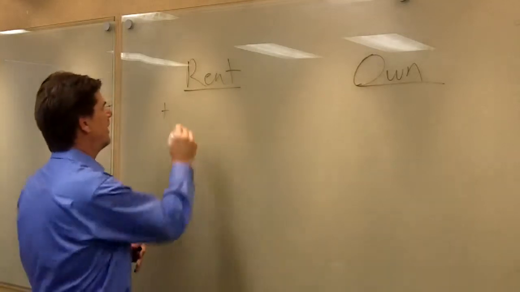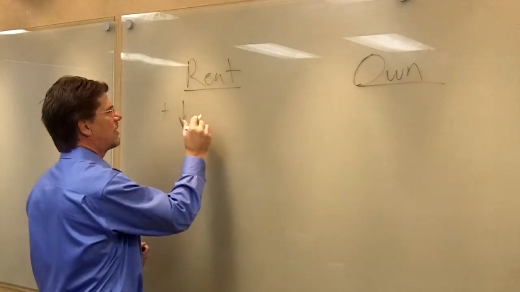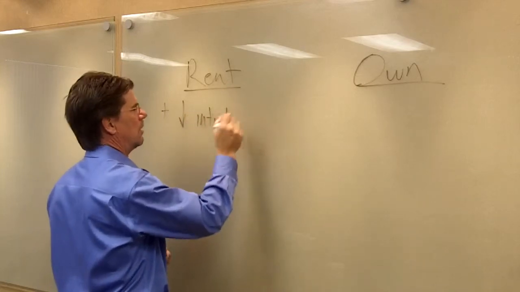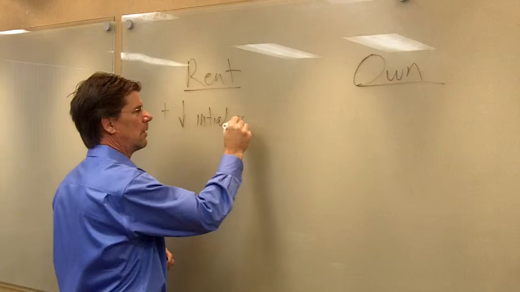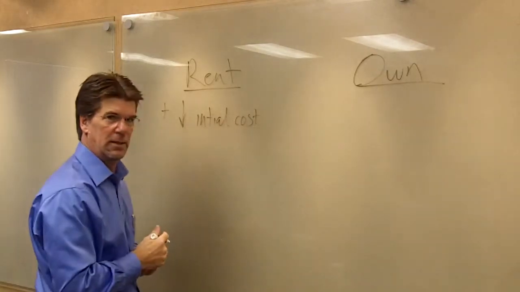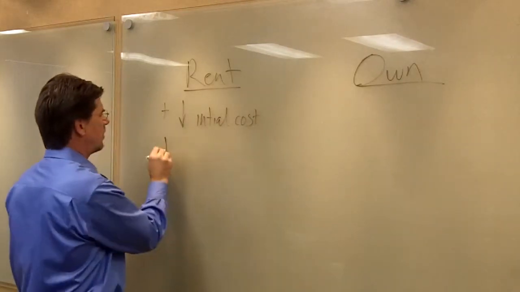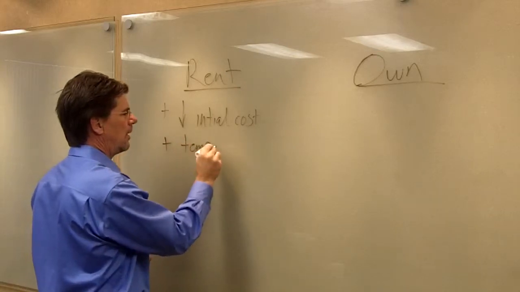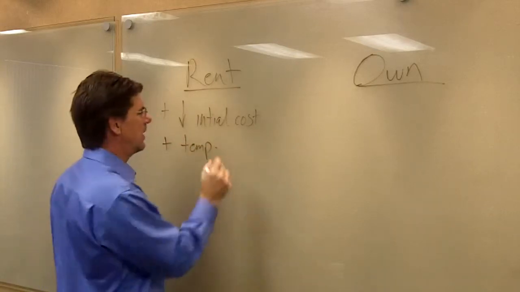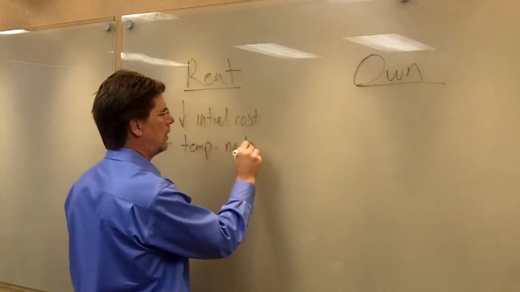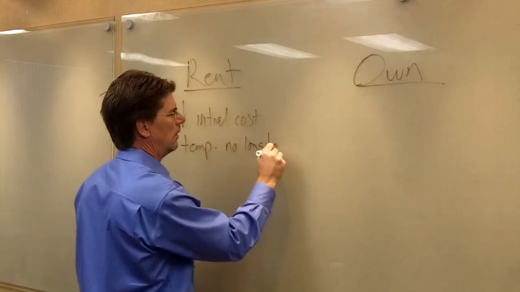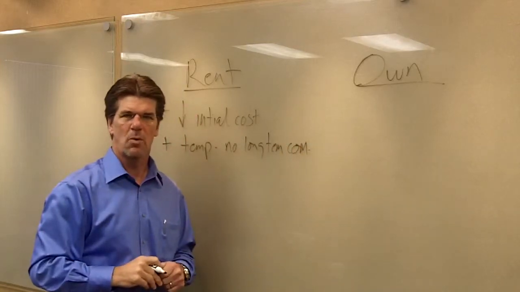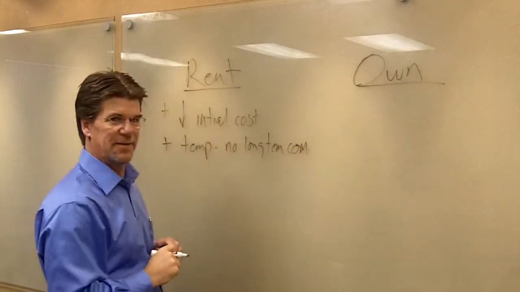Well, initially, the cost is lower. So it's a lower initial cost. All right? Another advantage to renting is what? It's temporary. Or another way of saying that is no long-term commitment. Right? Okay. Those are the positives to renting.